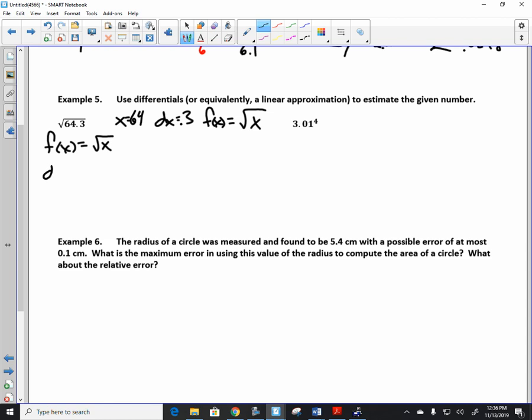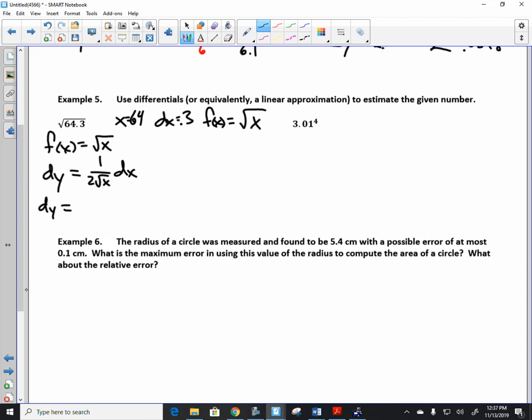So therefore, dy, the derivative, what's the derivative? What is the derivative of the square root of x? 1 over 2 root x, times dx. So dy is, what do we plug in for x? 64.